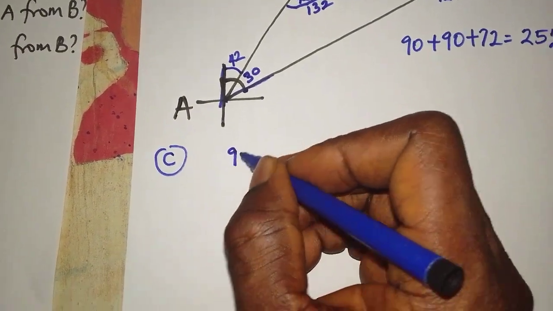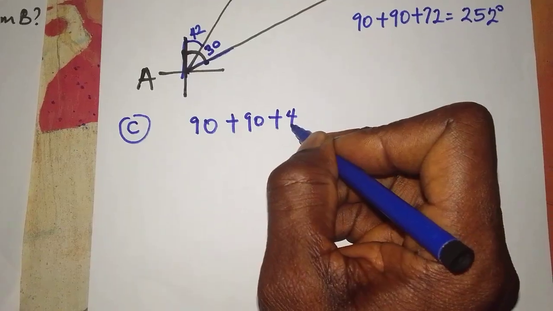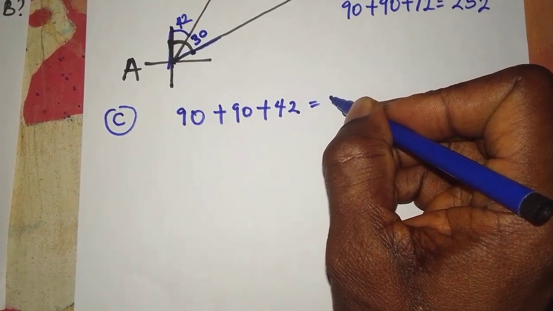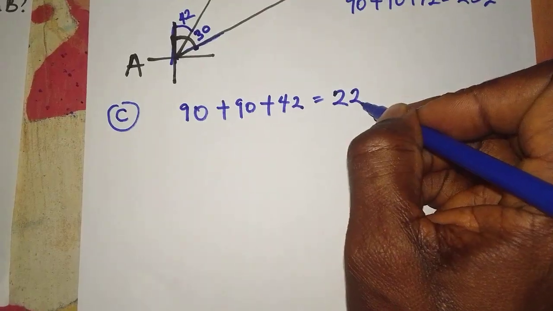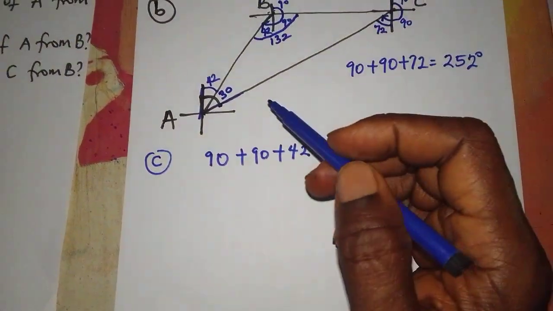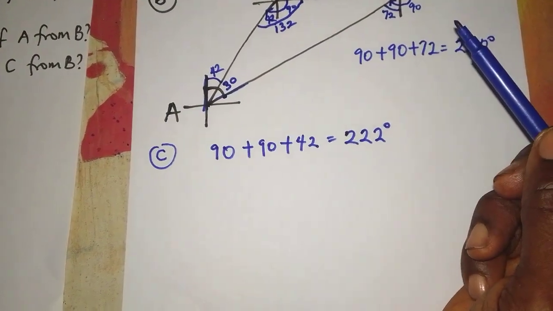So you have 90 plus 90 plus 42, which will give you 180 plus 42, so 222 degrees. So the bearing of A from B is 222 degrees.